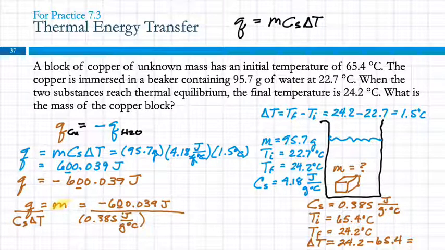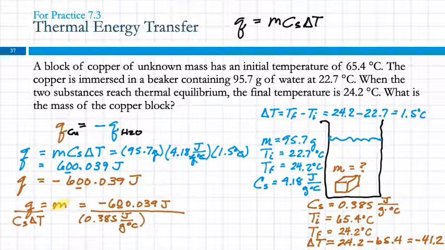If you ask Siri or Google to find it, you may end up with SI base units, like pascals and kilograms and kelvins. So you might have to look around, you can find it in the units that you need. 24.2 minus 65.4. So this temperature change is negative.